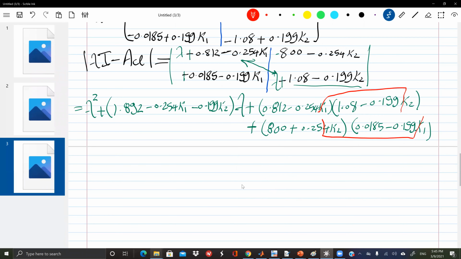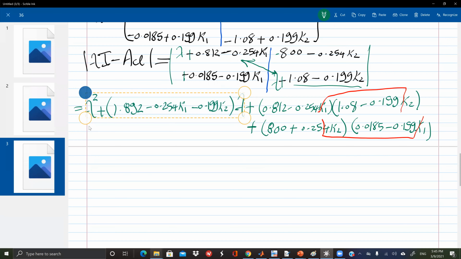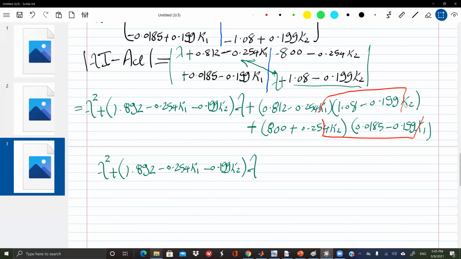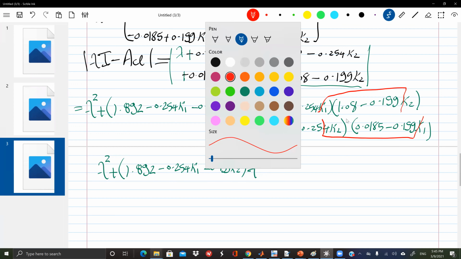So let's flesh this out. I'm going to take this as is, copy it here, and let's flesh the free term together and just copy it.